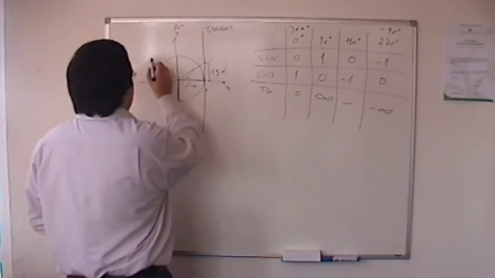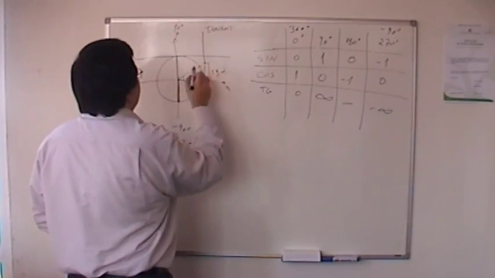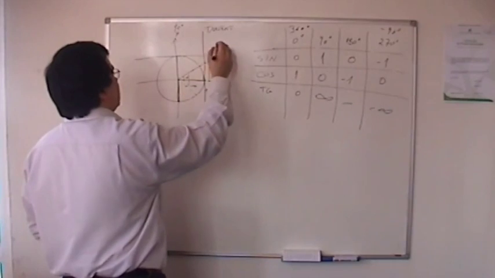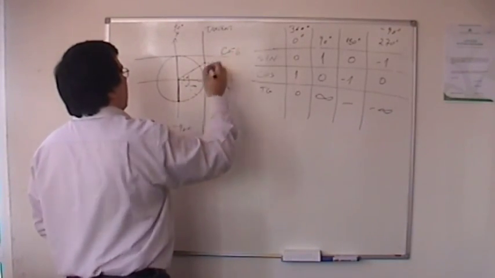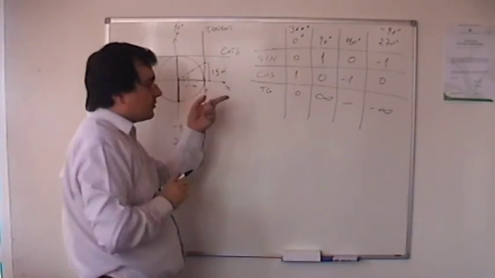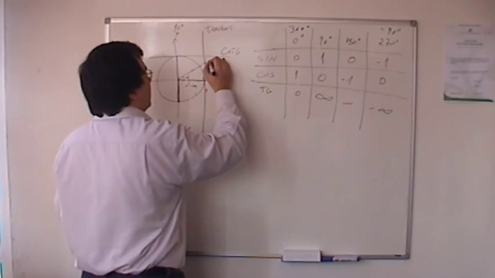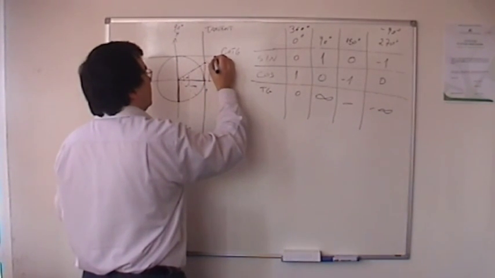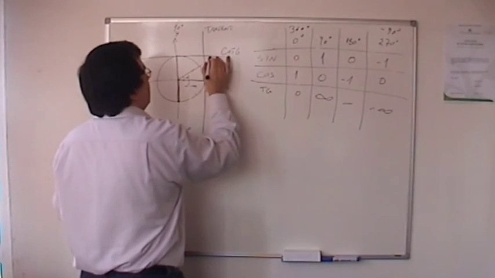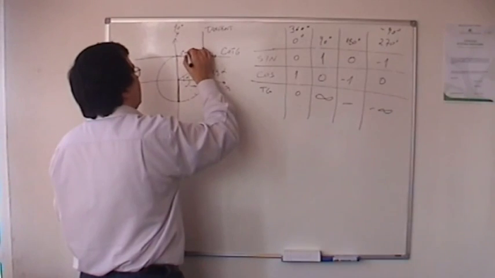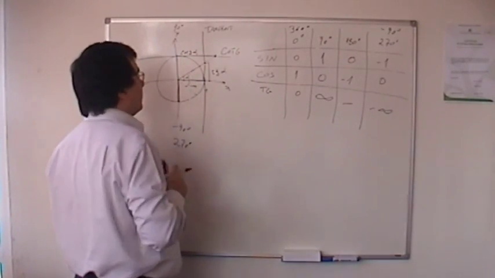Now, for the cotangent, it will be a line parallel with the horizontal axis, and to get the value of the cotangent is very easy. You just keep moving your line, your angle, until you reach this measurement here, and this will give you the value for cotangent of alpha.